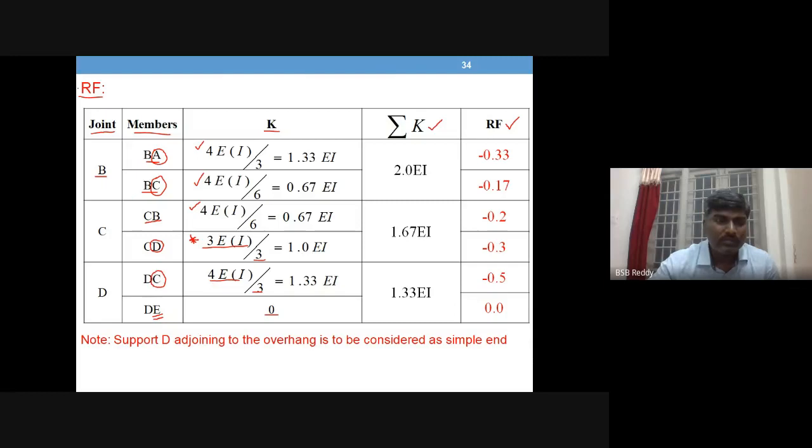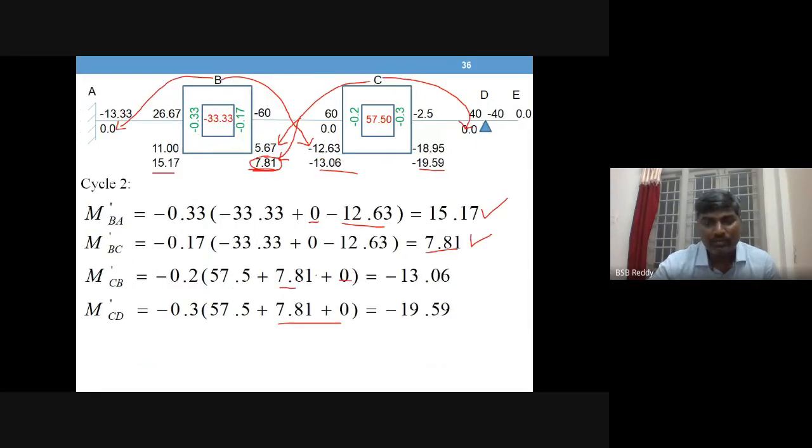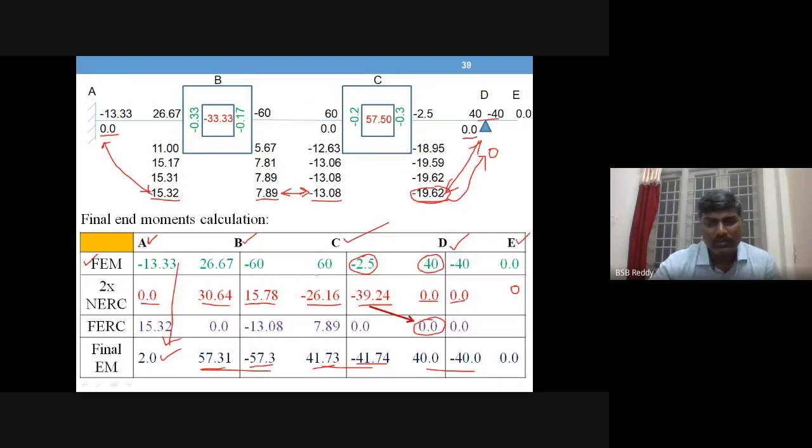Then step 2, rotation factors will have to take care of that when the adjoining support to the cantilever shall be treated as the simple end, so that the stiffness value will become only 3 by L instead of 4 by L. Then the process of finding rotation contribution will not change, only the final end moment calculation.